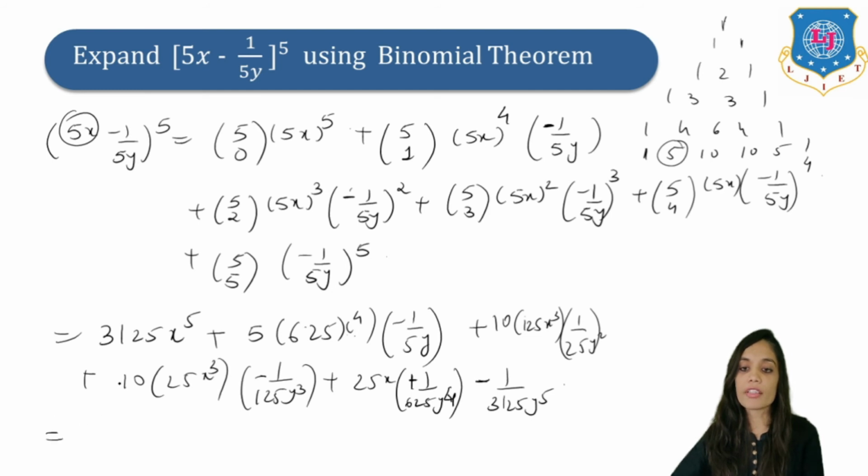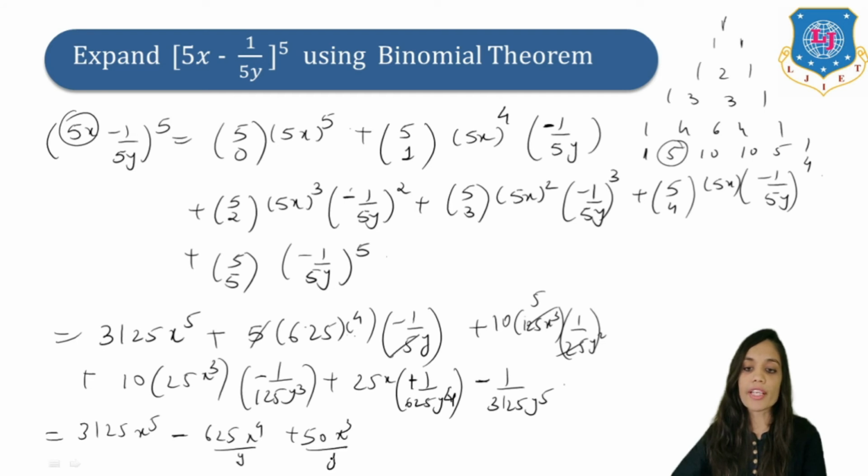So now let us write the final simplified answer. So it is 3125x^5. Here these two 5s will get cancelled out. Minus 625x^4 upon y. Now here only 5 will remain, so plus 50x^3 upon y^2. Done. Next, now minus will come. So minus, your 5 will come, again if we cancel, it will come 2, so minus 2x^2 upon y^3.